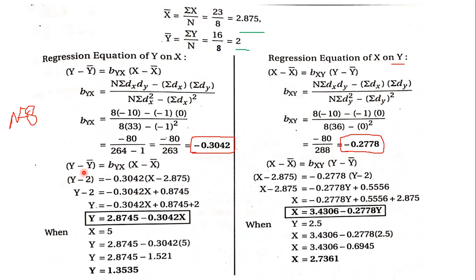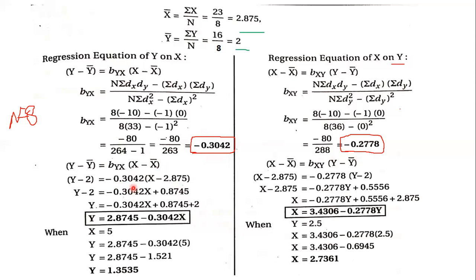Okay, we know what is x bar and we know what is y bar. 2.875, that is x bar, and 2 is y bar. So y minus 2 is equal to minus 0.3042, that has to be considered here as the coefficient, into x minus 2.875. Okay, so this is where we apply x minus x bar. Now simplify this.